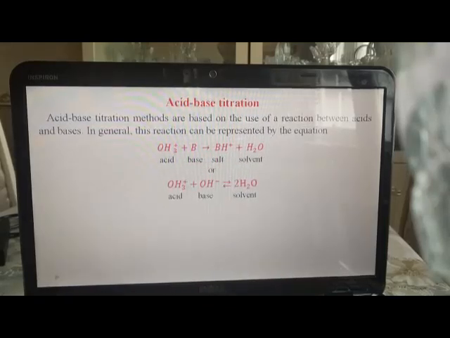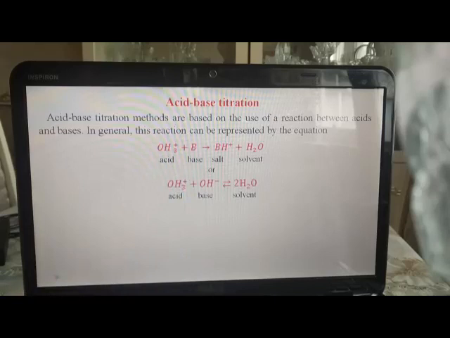Acid-base titration is the first type of titration. Acid-base titration methods, as we said before, are based on the reaction between acids and bases. In other words, we call this method a neutralization method. In general, this reaction can be represented by two equations.